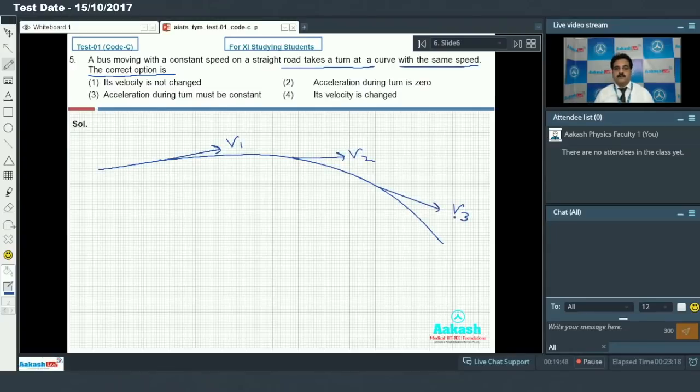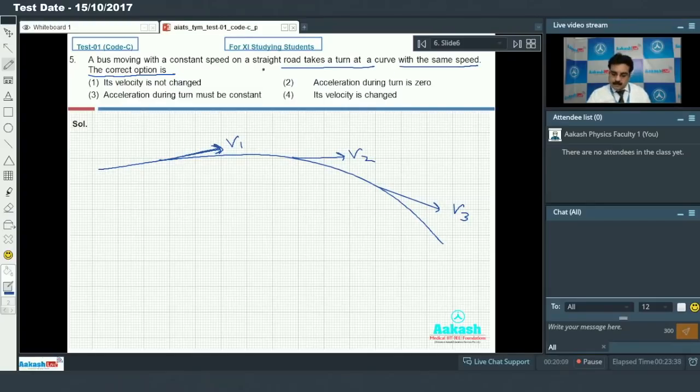And you know that velocity has two things: one of them is direction and another is magnitude. If direction is constant, then velocity is not necessarily constant, because velocity depends on two things. अगर इसका magnitude और direction दोनों constant होंगे, तब आप कह सकते हो कि velocity is constant.